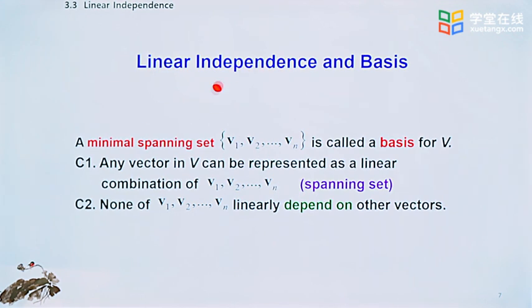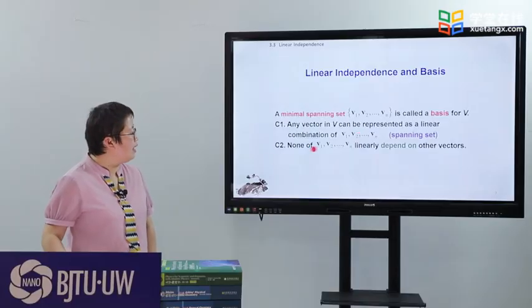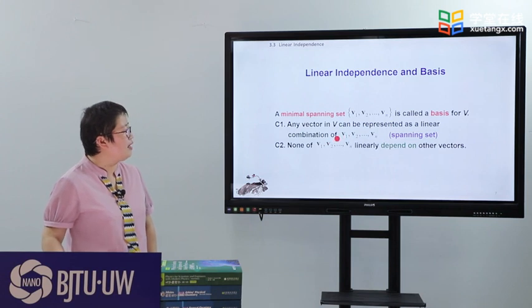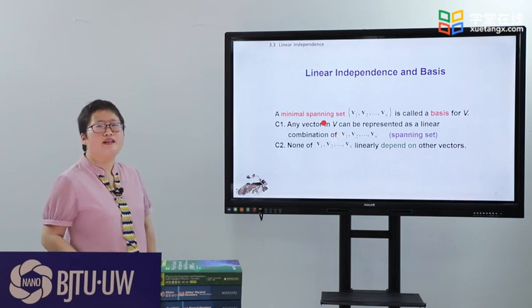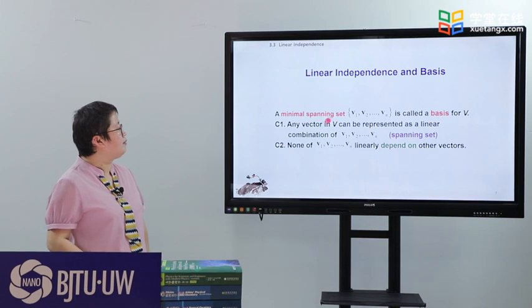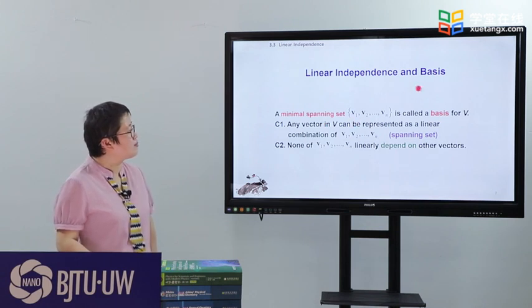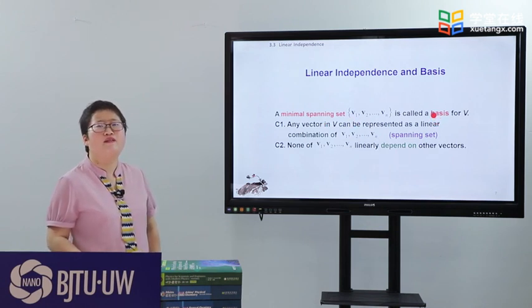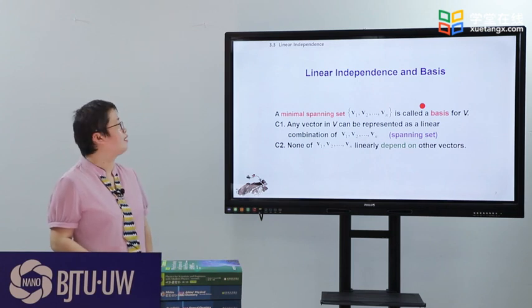This means this set is a spanning set of V. Okay, and also need to satisfy the second condition: none of v1, v2 till vn linearly depend on the other vectors. So this means every vector here is necessary. You cannot omit it. So a minimal spanning set corresponds to a basis for the given vector space V.